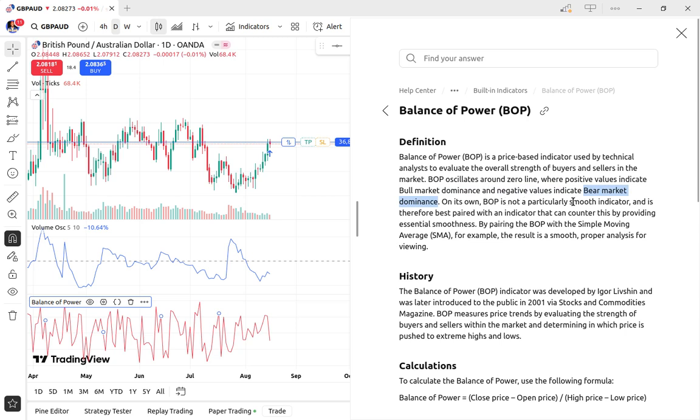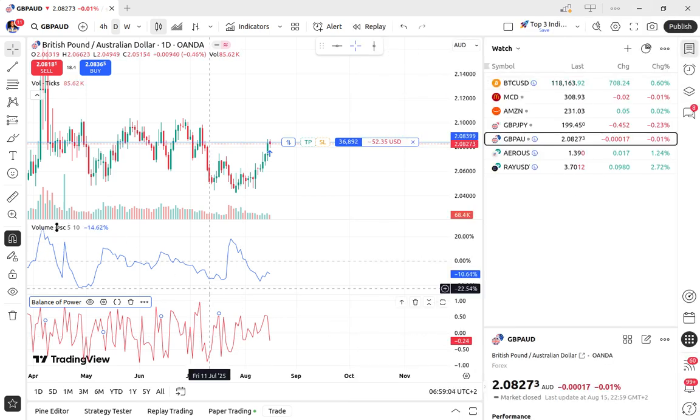On its own, BOP is not a particularly smooth indicator, and is therefore best paired with an indicator that can counter this by providing essential smoothness. By pairing the BOP with a simple moving average, for example, the result is a smooth, proper analysis for viewing. So that's what the balance of power is.